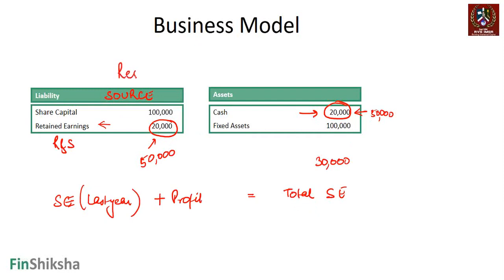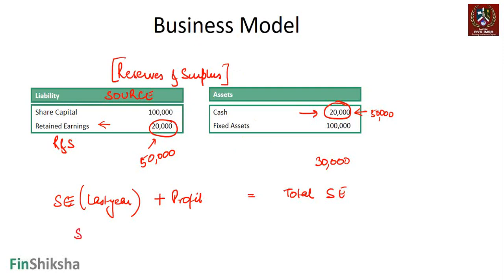Whatever extra money is left with the company that they have not given to the shareholders will come and sit under reserves and surplus. And that's an additive number.